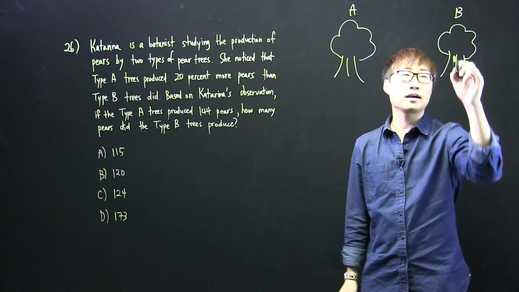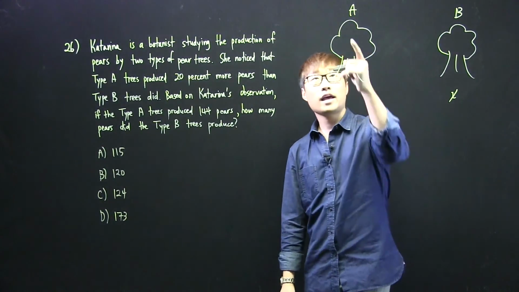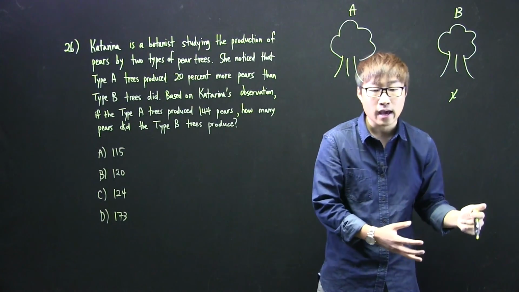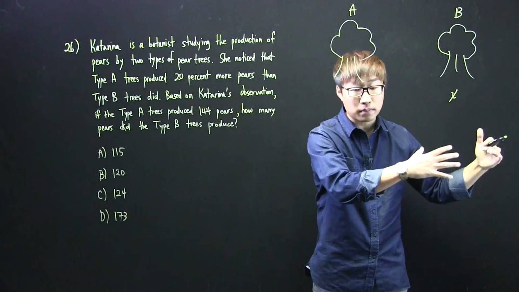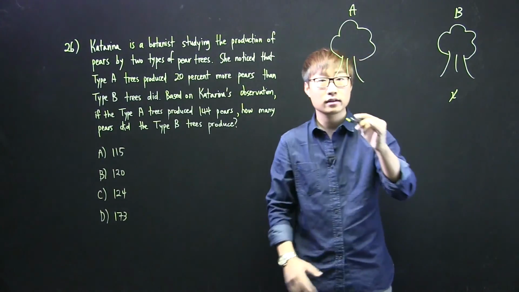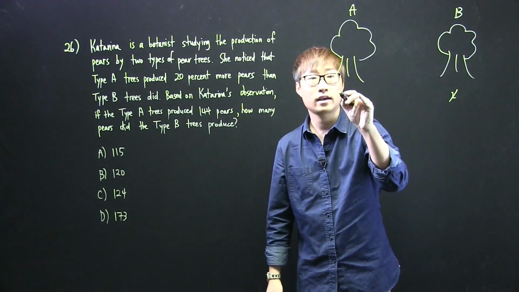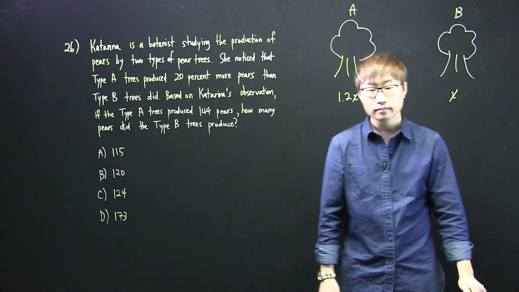So if I want to say type B produced X many pears, then A produced 20% more, aka 120% of the number of pears in type B, so aka 120% of X, aka 1.2 times X, right?